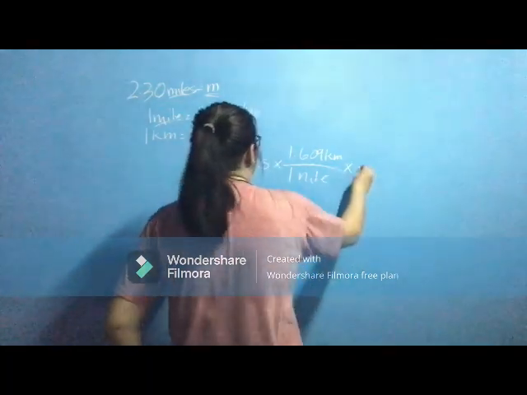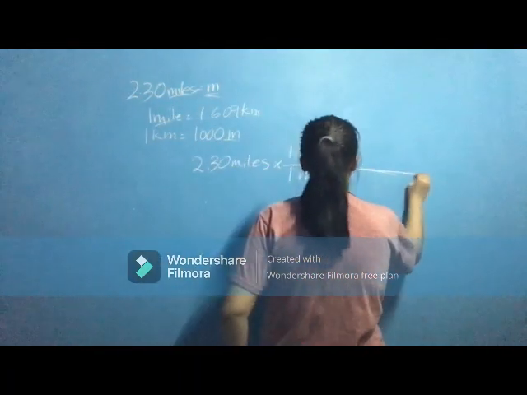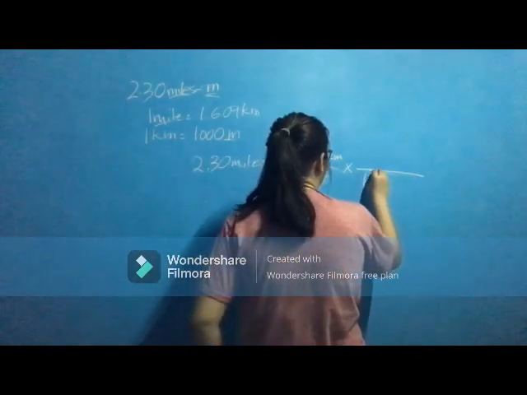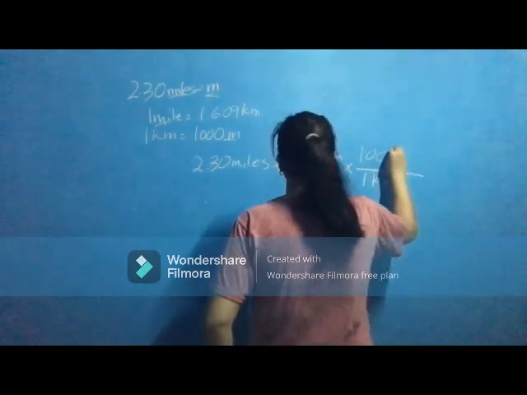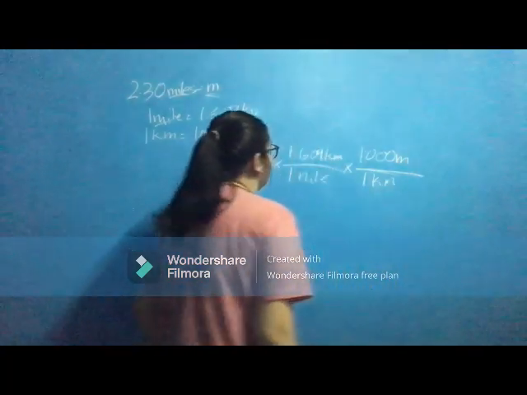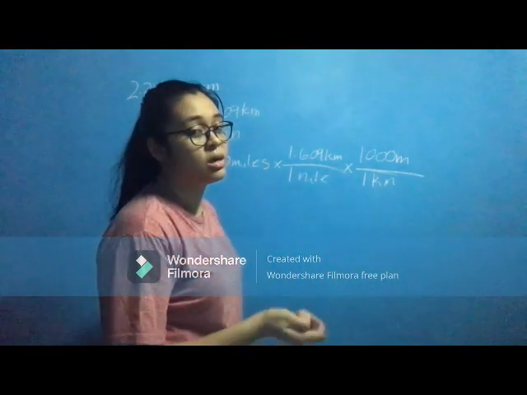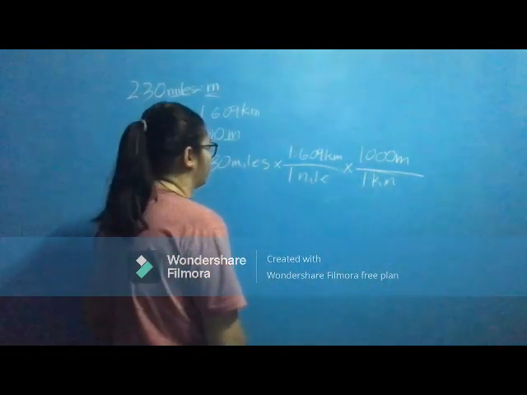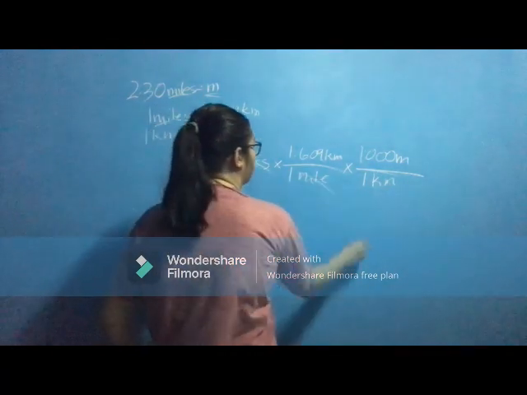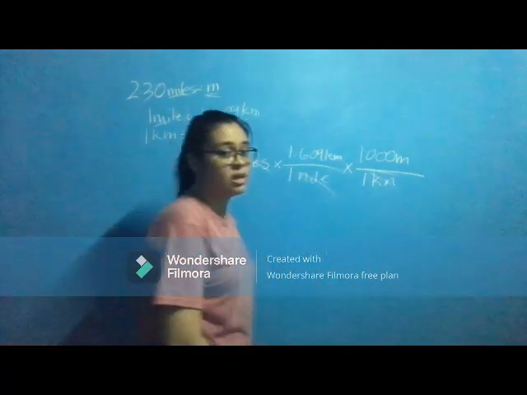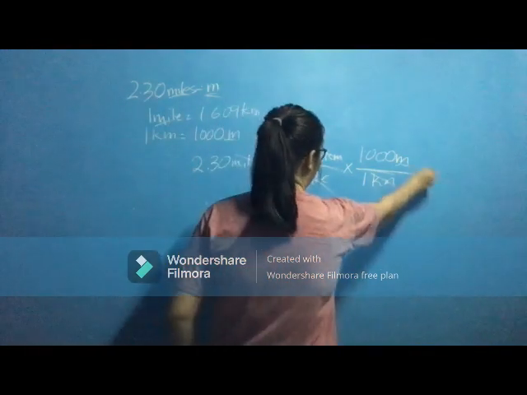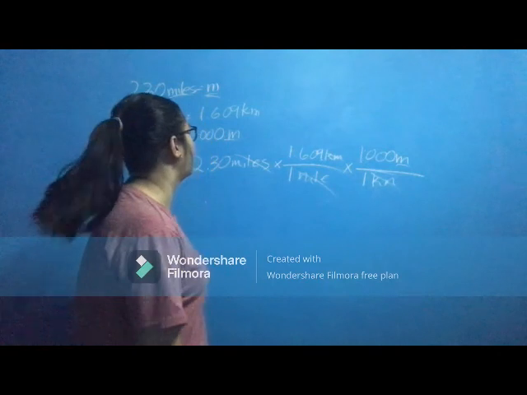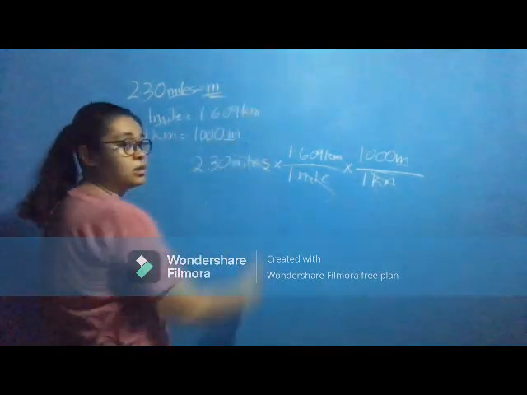And then 1 kilometer for 1,000 meter. Oh, if I wasn't clear enough on the first problem, this is what is supposed to happen. A cancellation of units.